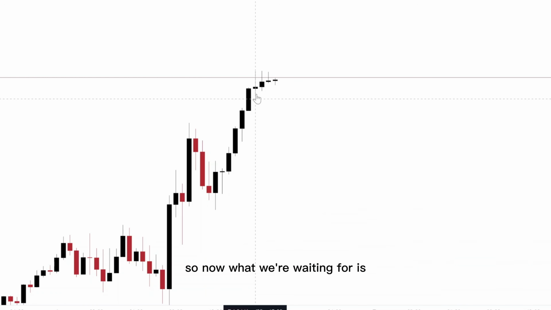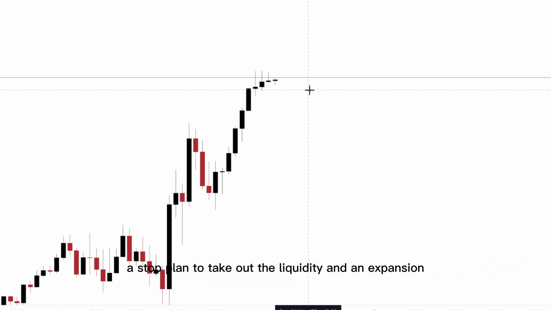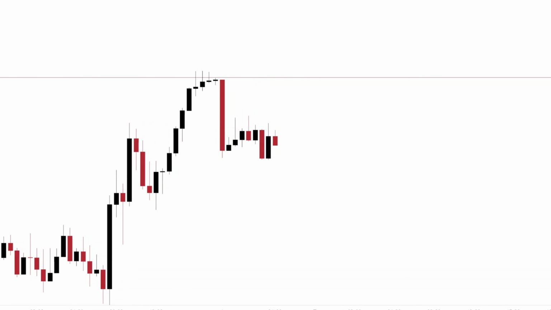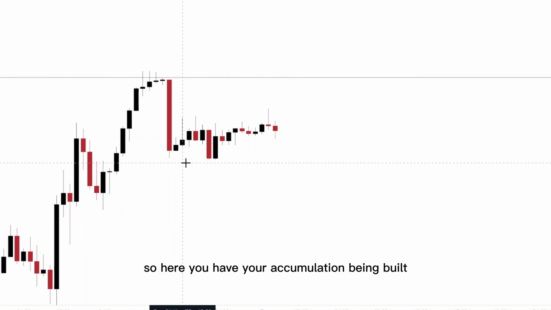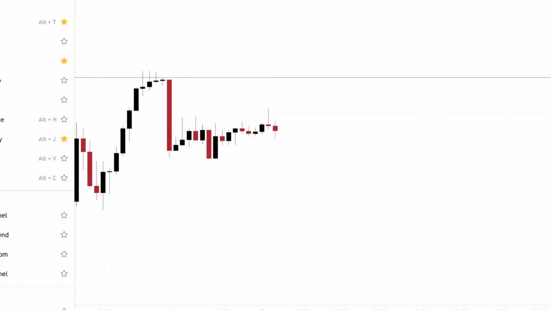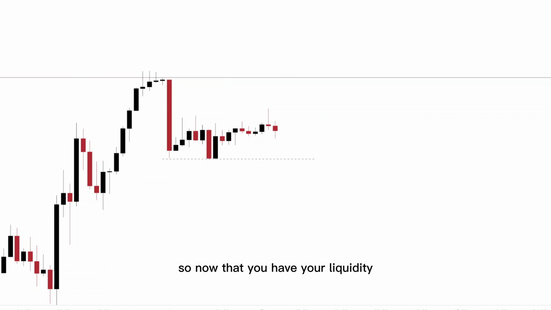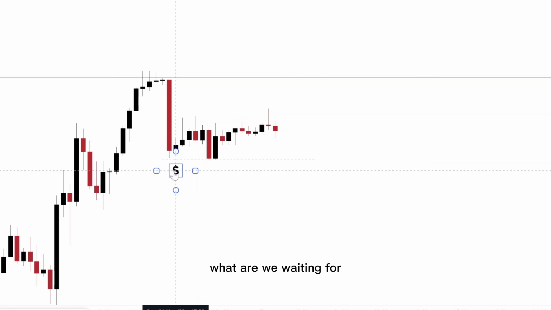So now what we're waiting for is accumulation being built up, a stop hunt to take out the liquidity, and an expansion. So here you have your accumulation being built. So now that you have your liquidity, what are we waiting for?